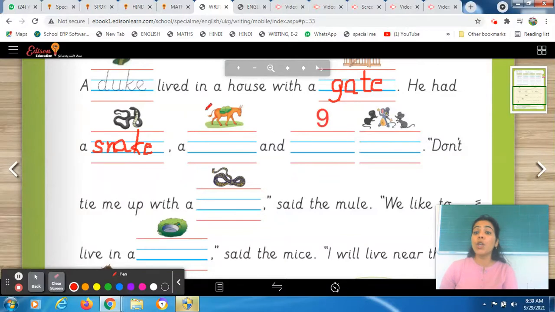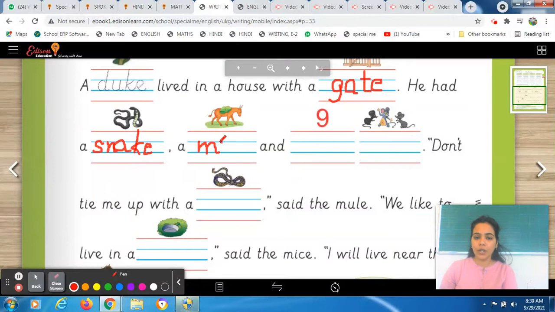Here, this is mule. What is it? Mule. When you write mule, what is the first sound? It's M. The M sound comes from M. As I told you in the previous session, the U sound comes from UE.